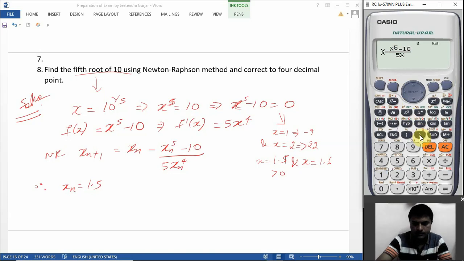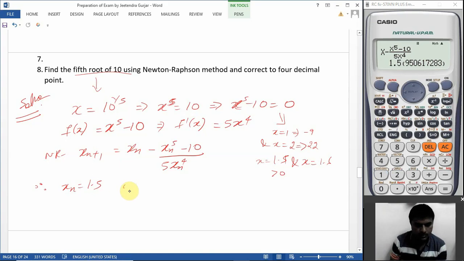Okay, so next time I will substitute this value. Again it is asking the x value, just put 1.595. This is the second iteration, students. Directly you can take x2 is equal to 1.585. Again go to the calculator, just put equal to, now it is 1.585.